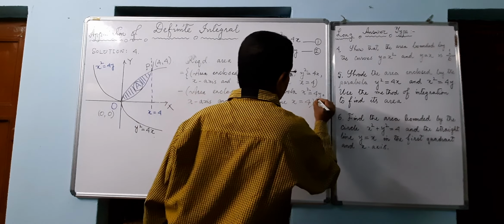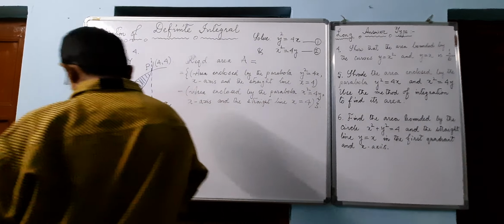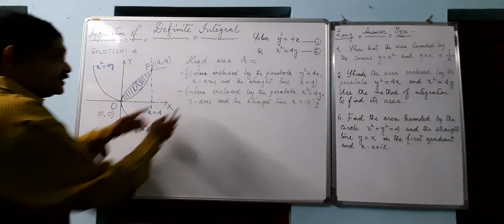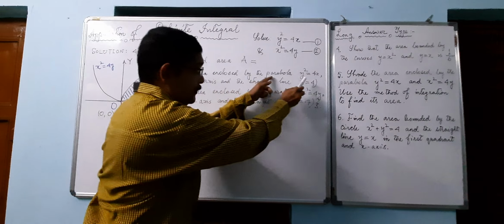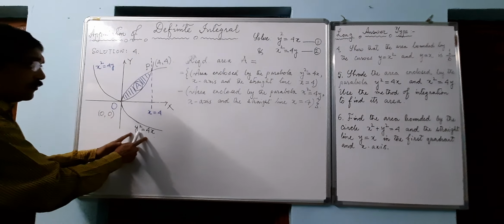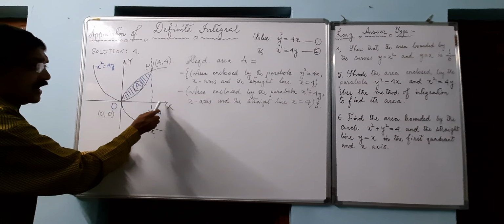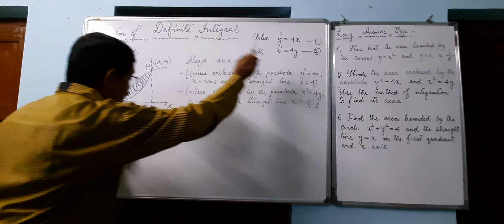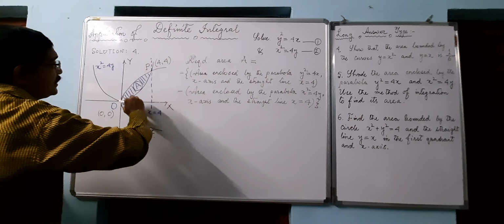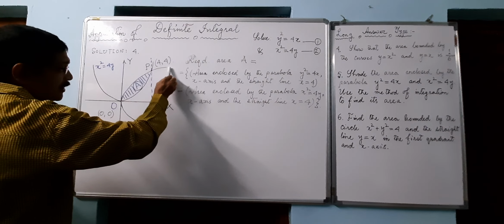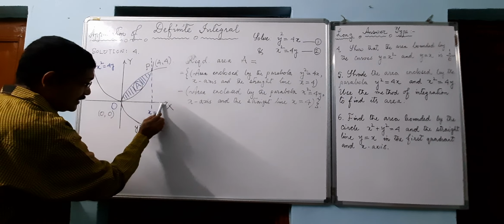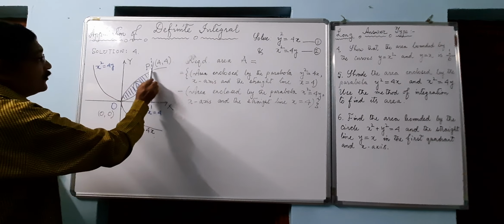So we have to show this in the figure. Consider the area enclosed by the parabola y square equals 4x, the x-axis, and the straight line x equals 4.